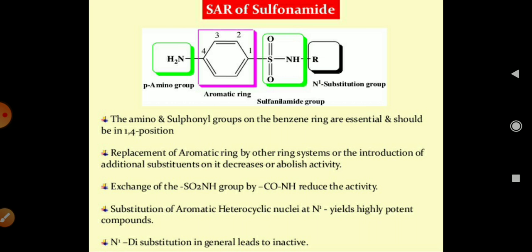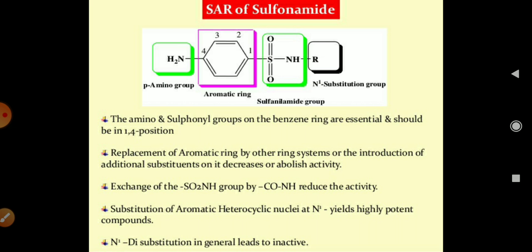The replacement of the aromatic ring by another ring system or introduction of additional substituents on it decreases or abolishes the activity. Exchange of the SO2NH group by CONH reduces the activity of sulfa drugs. The substitution of aromatic heterocyclic nuclei at N1 yields highly potent compounds.